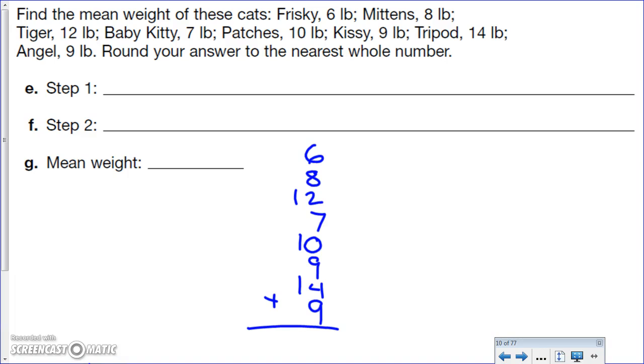So we're going to put the 5 down, carry the 4. Then 4 plus 1 plus 1 plus 1 becomes 7. So the sum of the weights is 75 pounds.